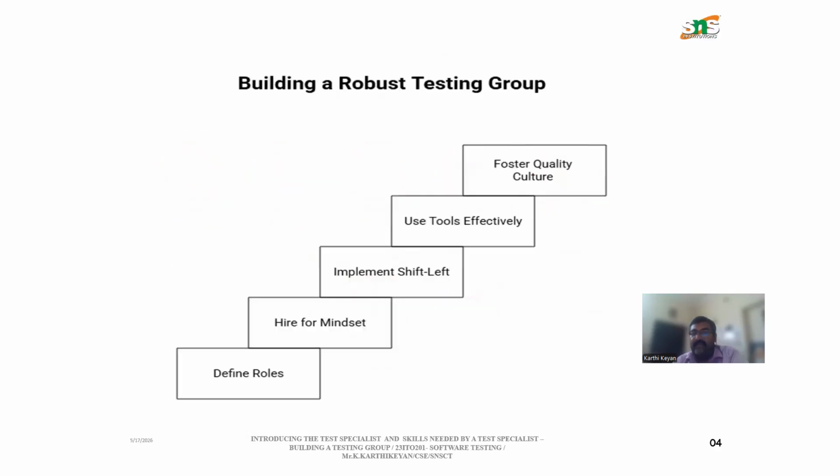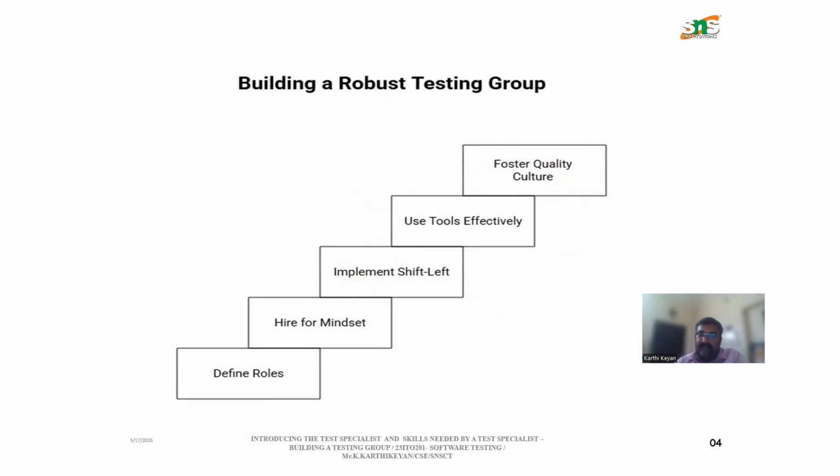This is the way of building a robust testing process: start with defined roles, hire the right mindset, implement shift left, use tools effectively, and foster a quality culture within the testing group. Define roles: for example, manager, designer, requirement, implementation, testing, and maintenance.